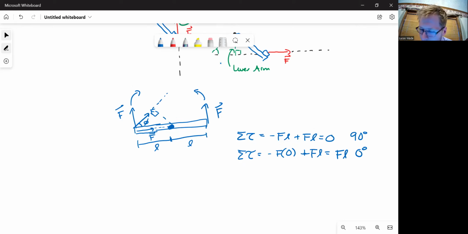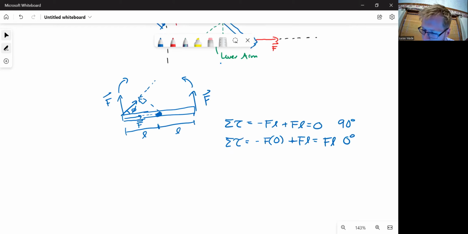But what I was getting at with doing the 2 extreme cases is that it's as small as it could possibly be, 0 net torque, when it's 90 degrees, and as large as it could possibly be when it's 0 degrees, because it's facing in towards the axis of rotation. Where does the 45-degree case fall? Somewhere in between, probably like 1/2 FL. Yeah, it's somewhere right in the middle.